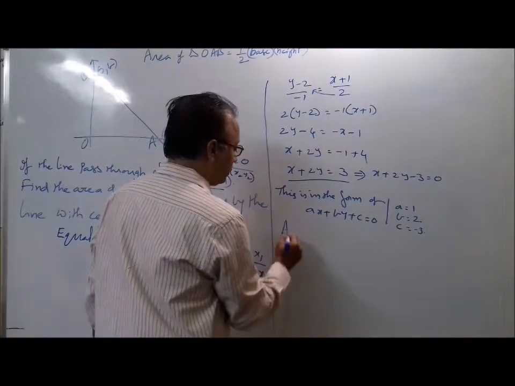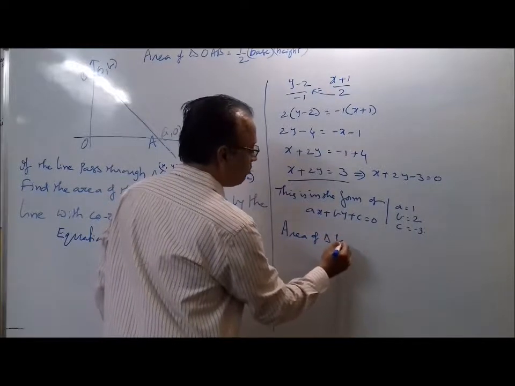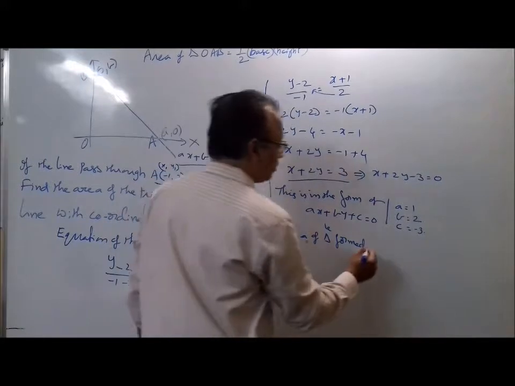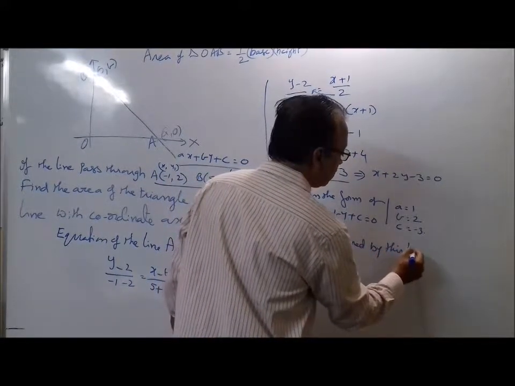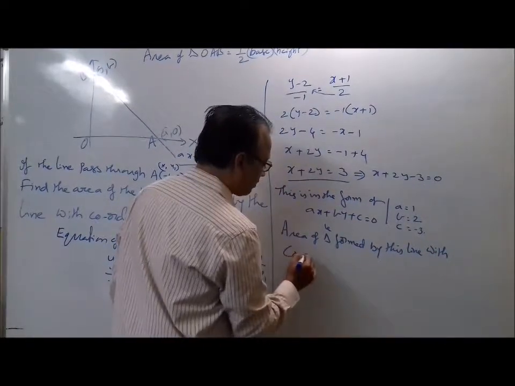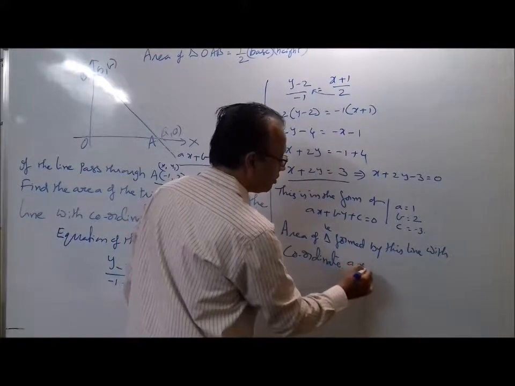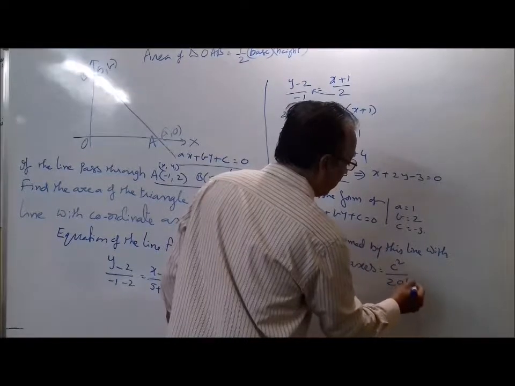So the area of the triangle formed by this line with the coordinate axis is c square by 2ab.